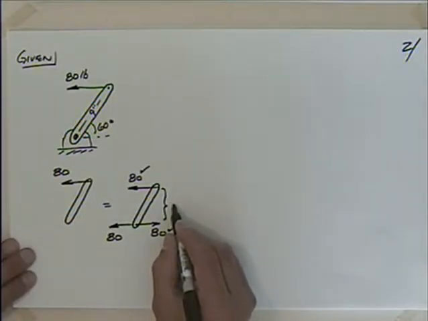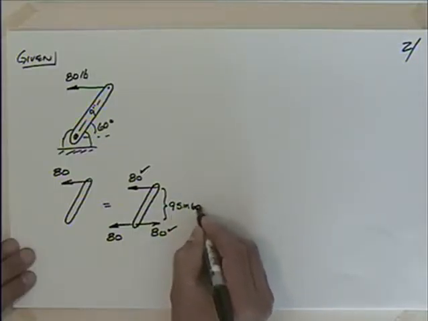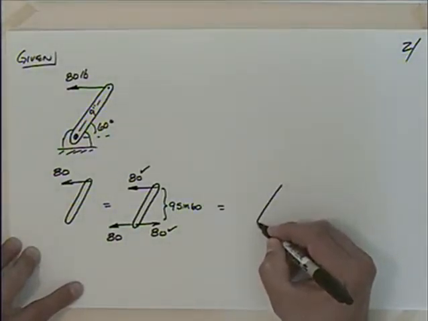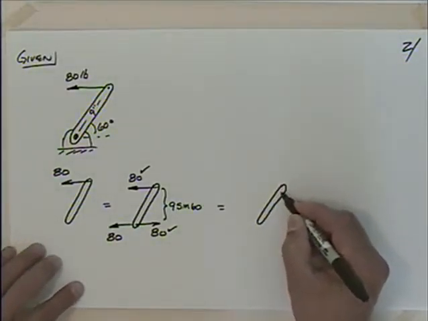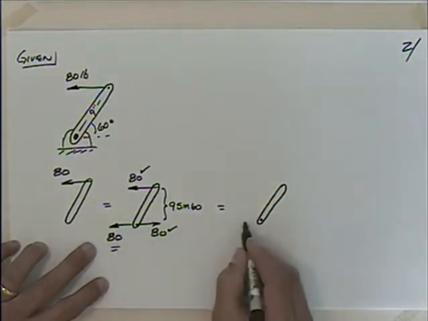And I can look at this distance. That's going to be what? 9 times the sine of 60. So now what I can do is reduce this to this remaining force here, 80.